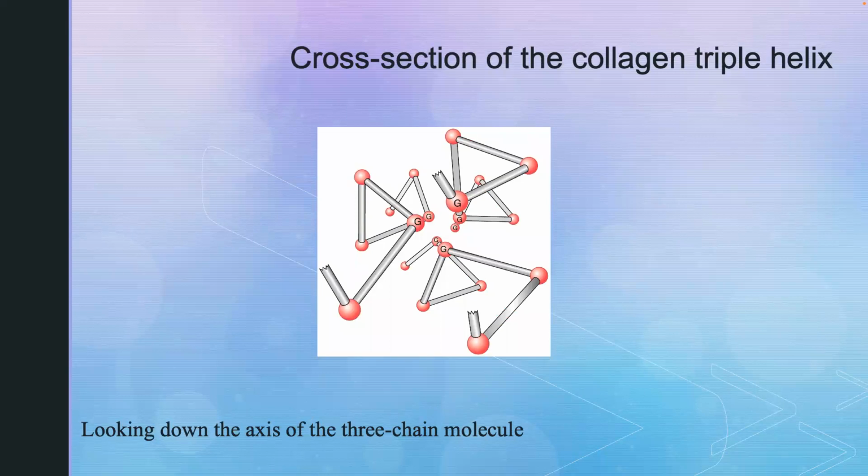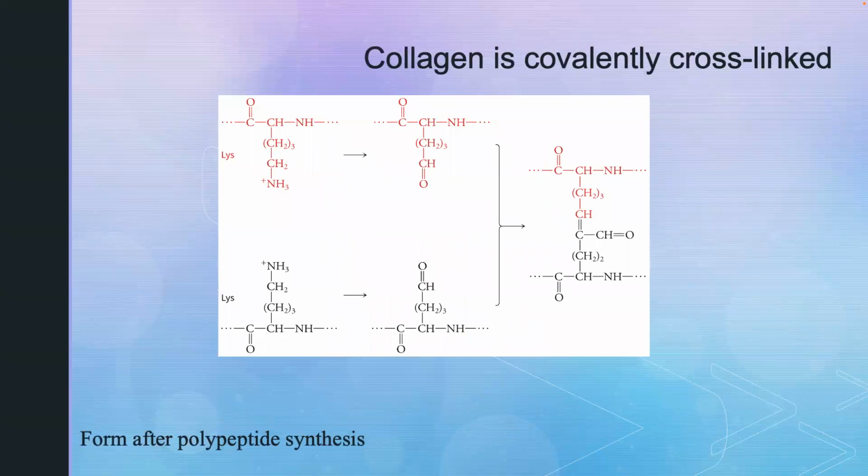And then the side chains of the other residues point outward from the triple helix. And again, I just mentioned this, so we'll just quickly say it, but collagen is covalently cross-linked, and it does form after polypeptide synthesis.